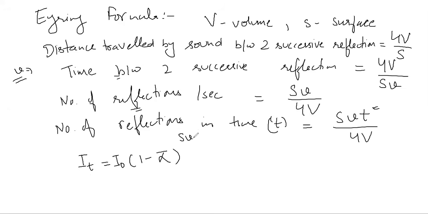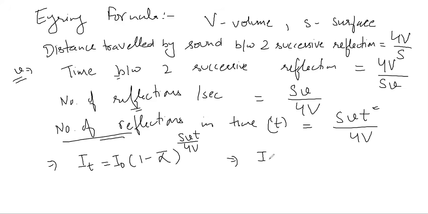And that number of reflections here are this number over here that we have calculated. How many would be your number of reflections, right? We said that after n reflections, your intensity is going to be I naught into 1 minus alpha bar, the whole raised to power n. So similarly from there, I can say that after t, this is my intensity here.